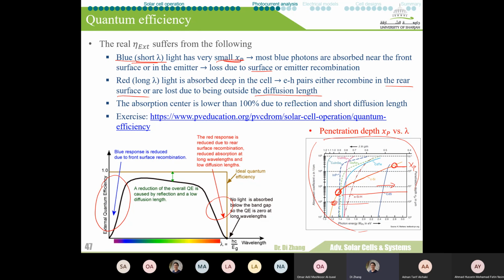So near the band gap, we also expect that the real quantum efficiency is going to drop. So finally, if we look at the real quantum efficiency, typically it shows a profile like this, right?